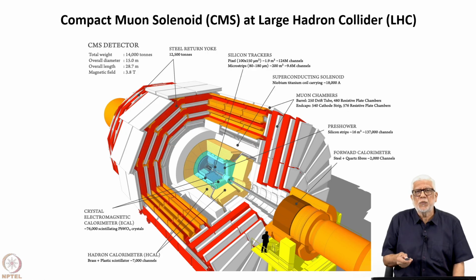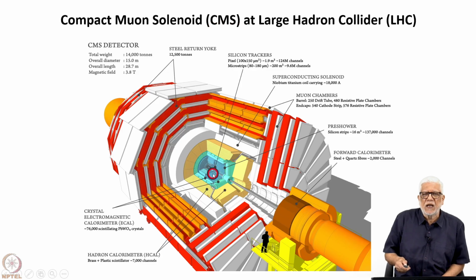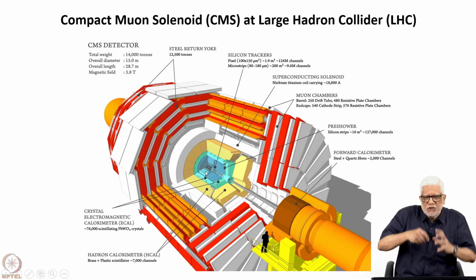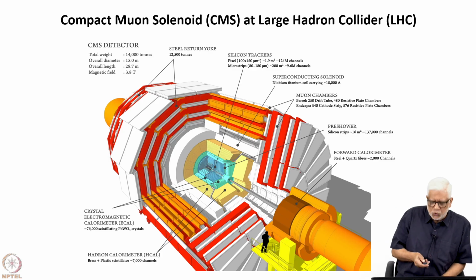This is another example of a huge detector at the Large Hadron Collider, the so-called LHC, and this is one of the large detectors called the Compact Muon Solenoid, the CMS detector. So, the collisions take place at the center of the detector, and then there are layers. There are so-called tracking detectors made of silicon arrays which almost cover 4 pi, all surrounding the interaction zone.